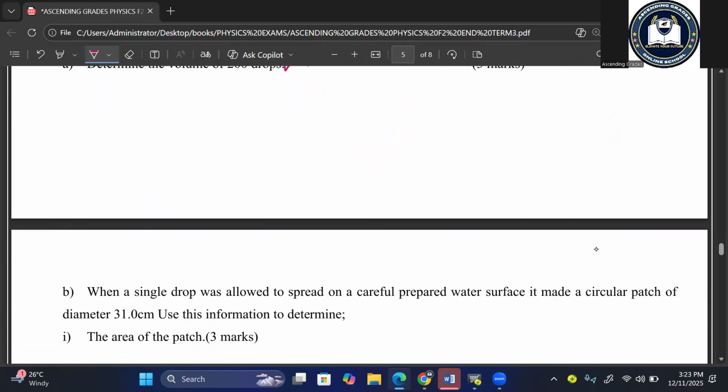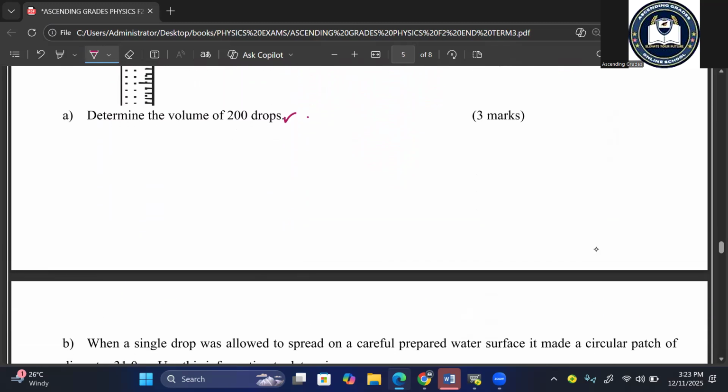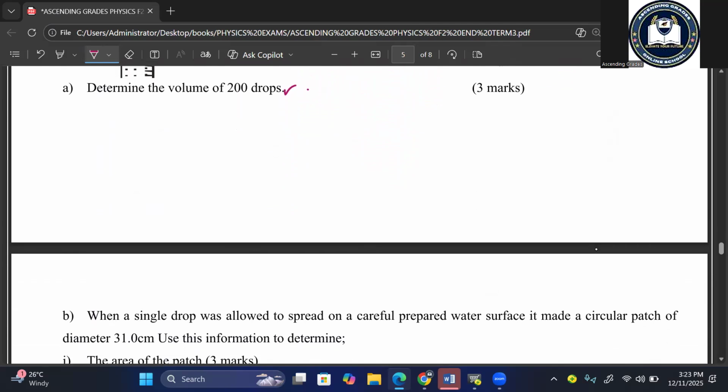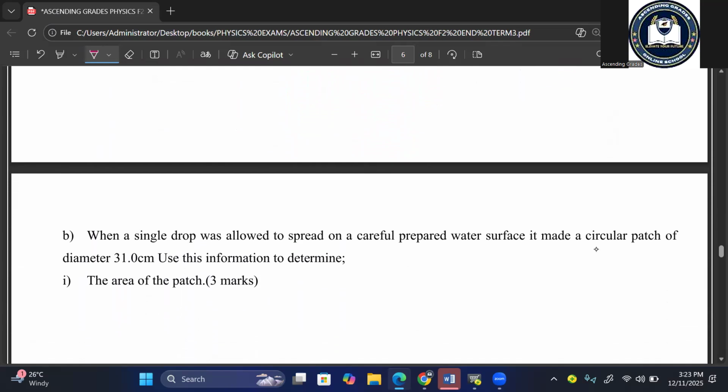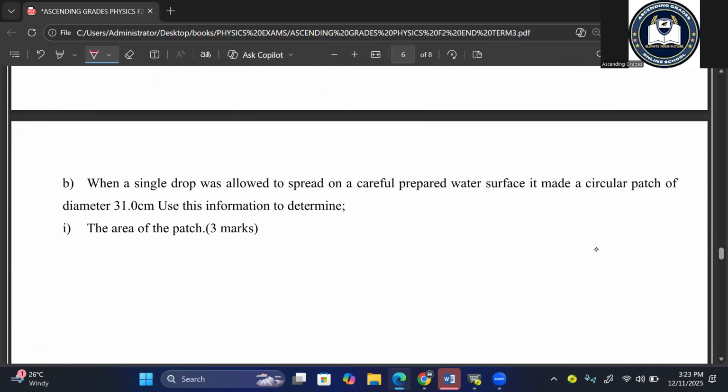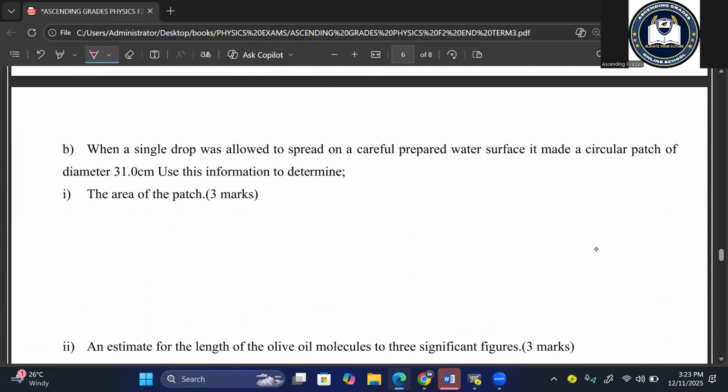Then part B, okay, you are told when a single drop, now we are referring to A, when a single drop was allowed to spread on a carefully prepared water surface, it made a circular patch of diameter 31.